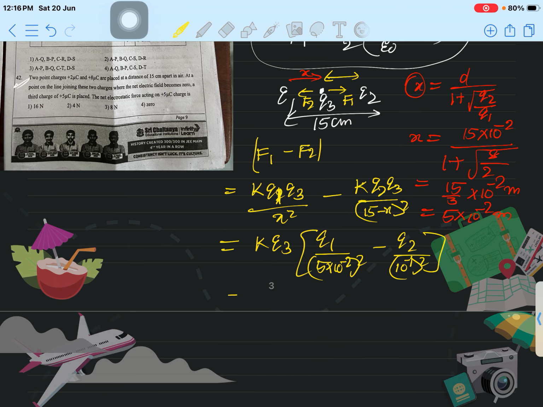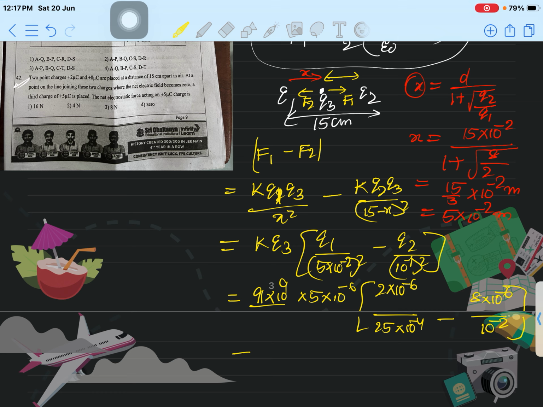That value we will substitute. What is the K value? 9 into 10 power 9. Q3 value is 5 microcoulomb, that is 5 into 10 power minus 6. What is Q1? Q1 is 2 microcoulomb, 2 into 10 power minus 6 by 25 into 10 power minus 4, minus Q2, 8 microcoulomb, 8 into 10 power minus 6 by 10 power minus 1, 10 power minus 1 whole square, 10 power minus 2.